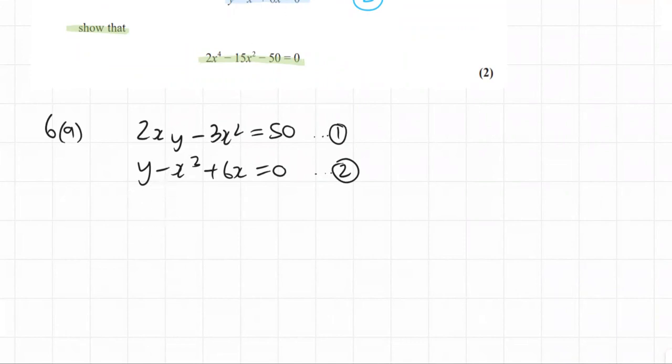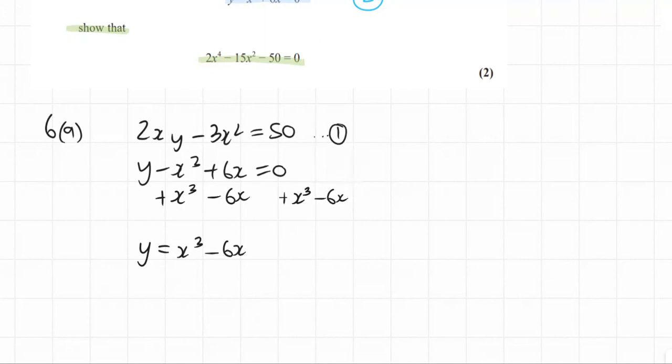I can't sub it in yet, so it's equal to 0 currently. So let's rearrange it by plusing x3 and minusing 6x on both sides. We end up with y is equal to x3 minus 6x. Okay, so let's make that our equation 2. This will work a little easier.